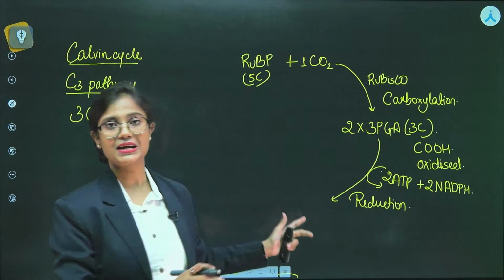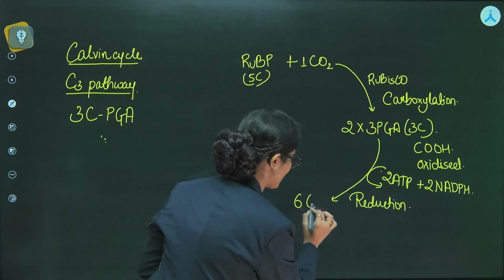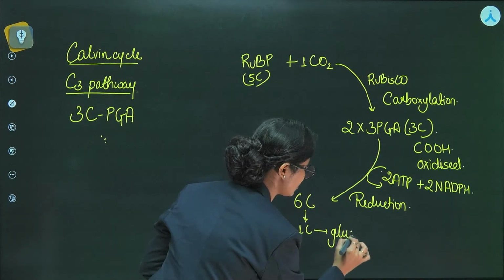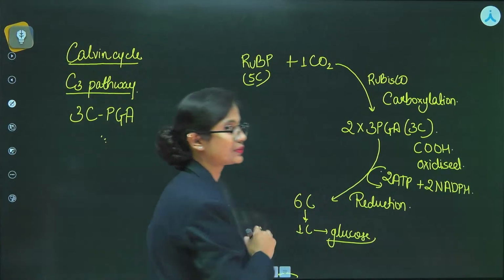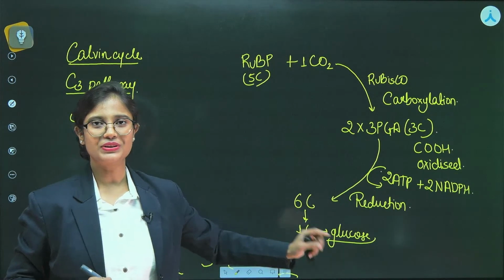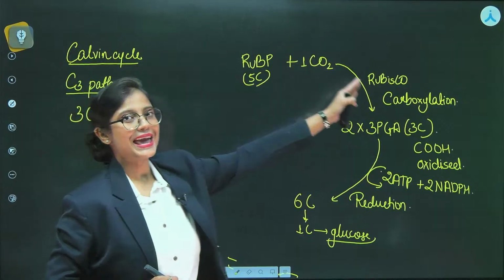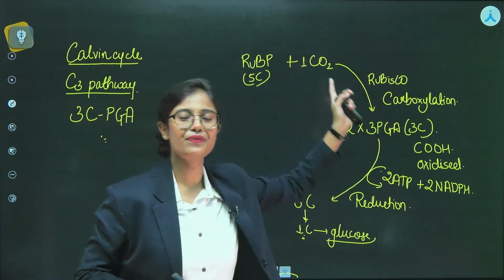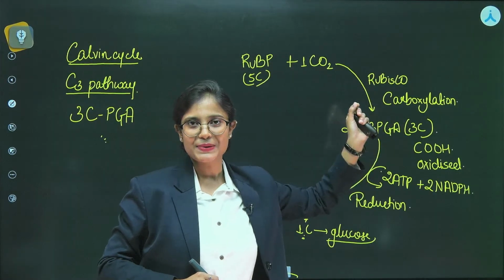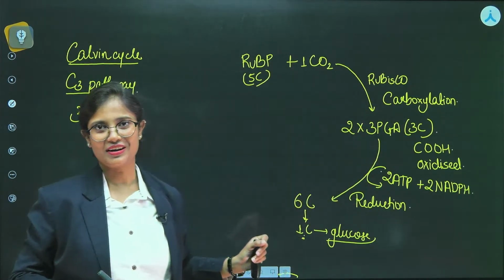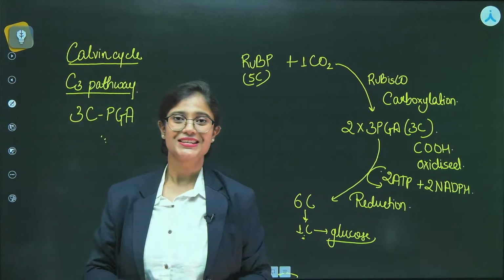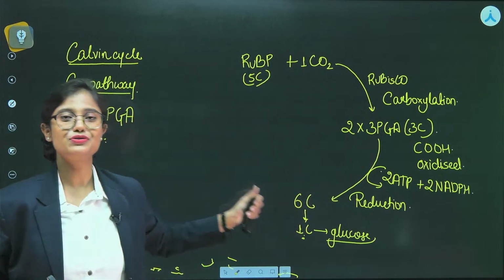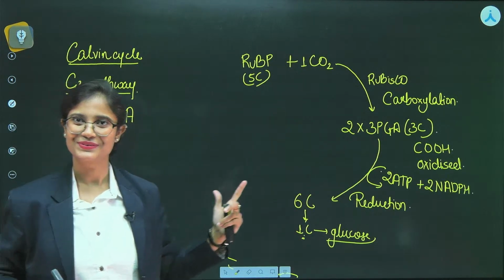So here a 6-carbon molecule will be formed from where 1 carbon will get utilized for the formation of glucose और कार्बोहाइड्रेट. अब ग्लूकोज में कितने कार्बन होते हैं? 6, राइट? तो एक साइकिल से अभी सिर्फ एक कार्बन ही आ पाए बिकॉज it has fixed only single carbon dioxide from the atmosphere. That means to fix a molecule of glucose, this cycle has to run 6 times, right?